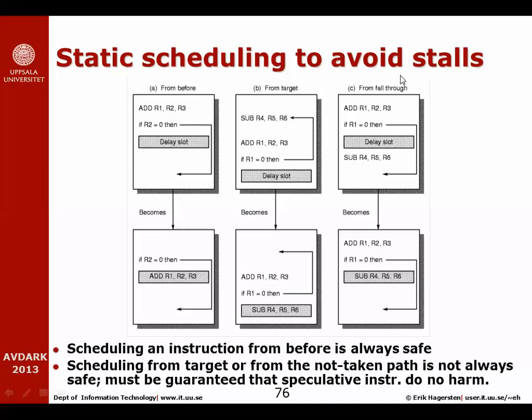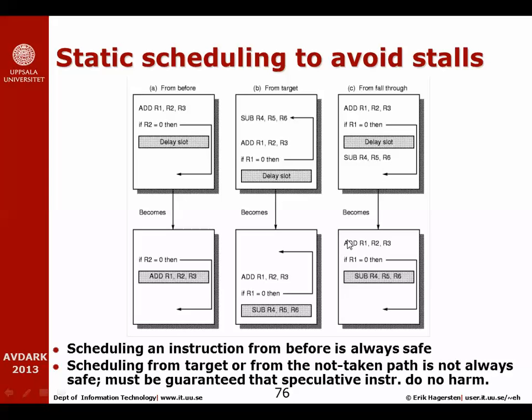Or you can take something from the fall through path. So you have the branch here, and if the branch is taken, we're going to jump down here. But if it's not taken, then we're going to continue to execute the subtract instruction here. What you could do, if you can determine it's safe to do so once more, would be to move the fall through case into the delay slot.